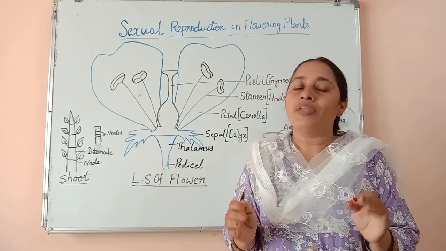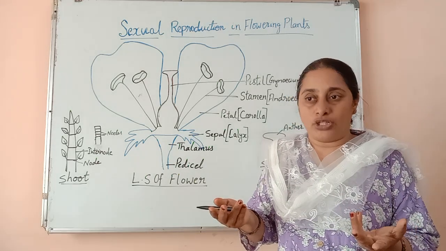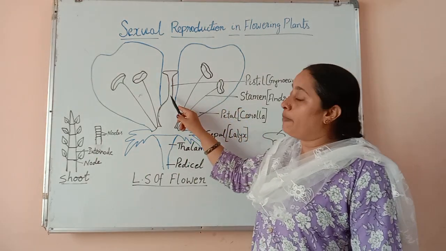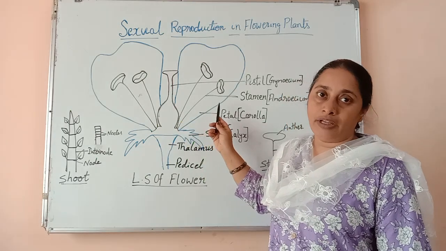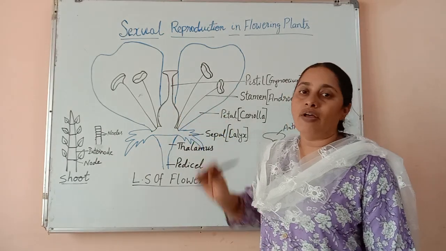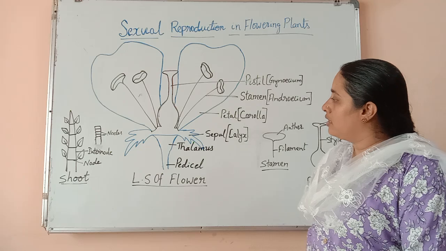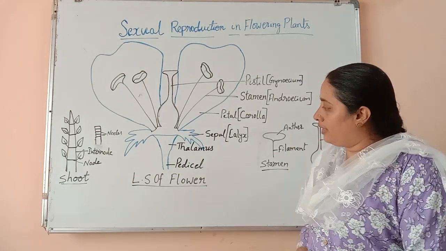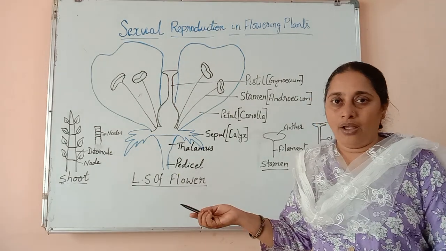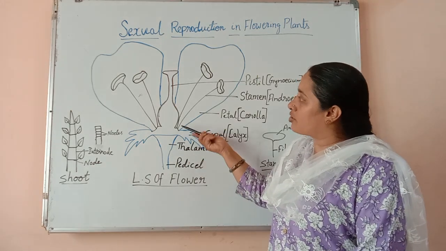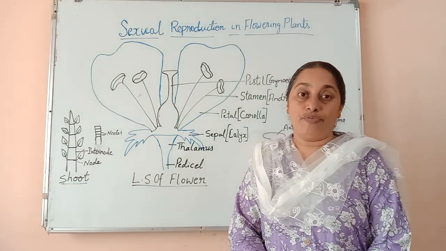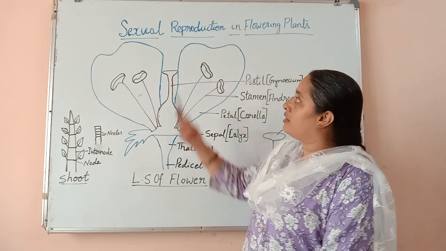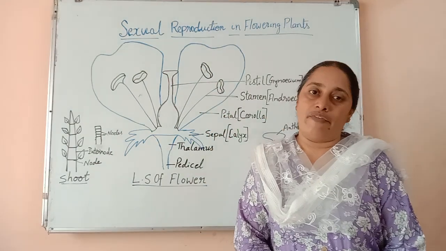Without them reproduction cannot take place. That's why they are called reproductive whorls of the flower. So that's a brief discussion of the parts of the flower. That's the first topic of our first lesson, sexual reproduction in flowering plants.